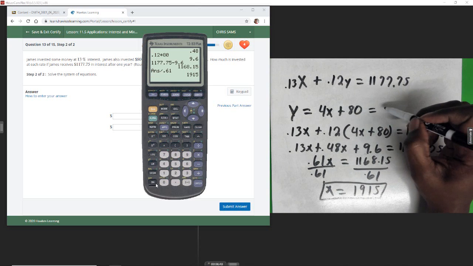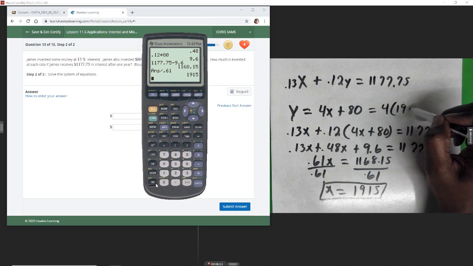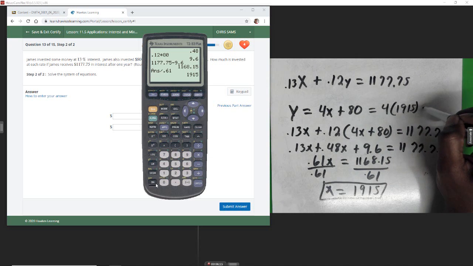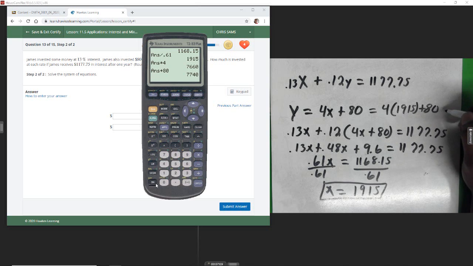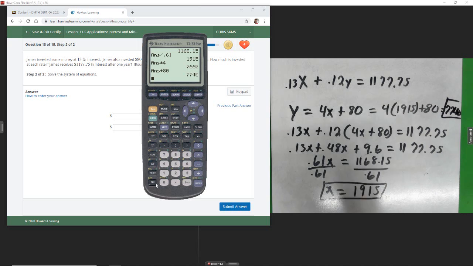So y is equal to 4 times 1915 plus 80. So we're going to do this amount times 4 plus 80. And we get 7740.